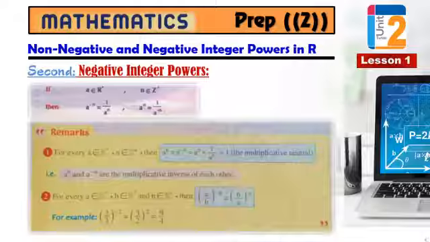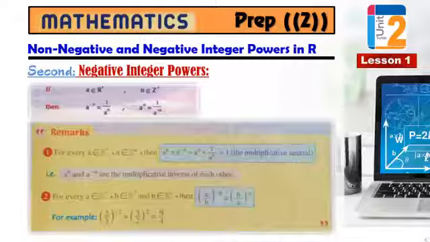For example, 5 to the power negative 2 equals 1 over 5 to the power 2, so it equals 1 over 25. And 1 over 2 to the power negative 3 equals 2 to the power 3, and 2 to the power 3 equals 8.